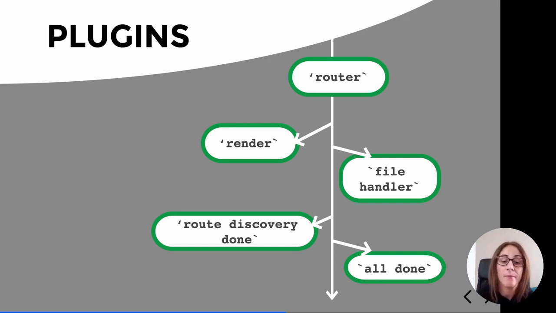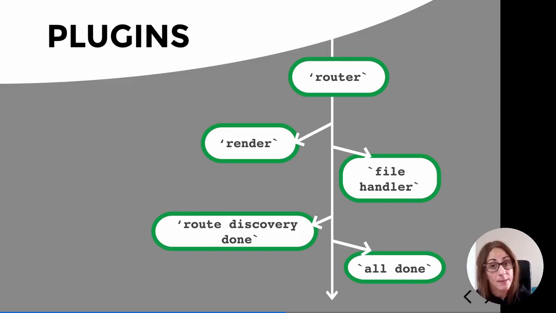Then the render plugins that take care of transforming the HTML output, the file handler plugins used by the inbuilt content folder plugins that take care of different file document extensions, for example, Markdown. And finally, you have the route discovery done and the all done plugins that can trigger scripts or post-processing when those processes are completed.